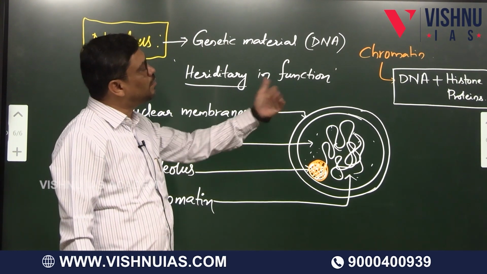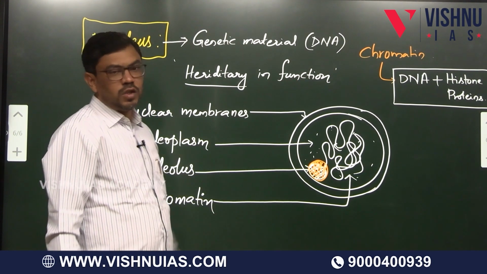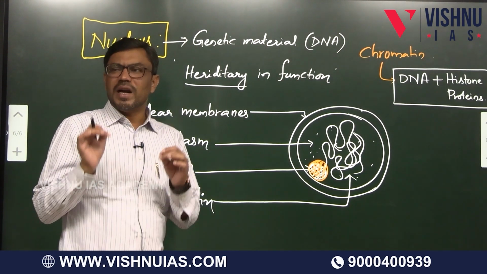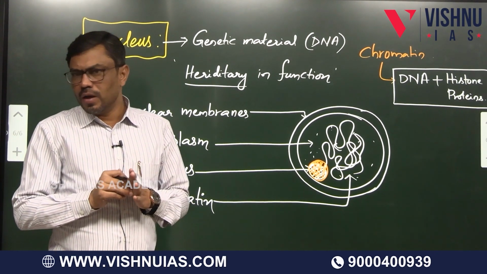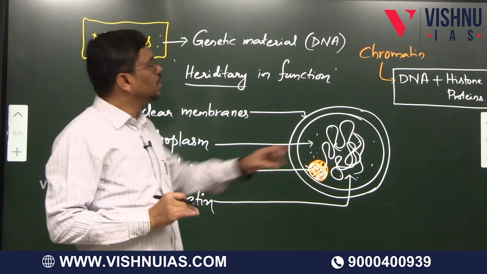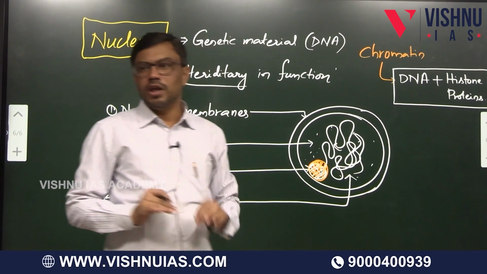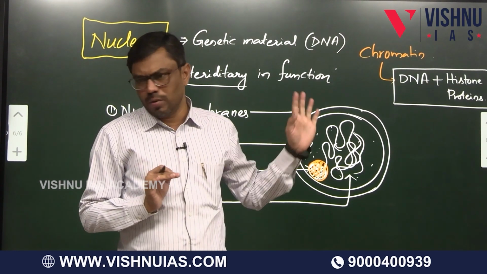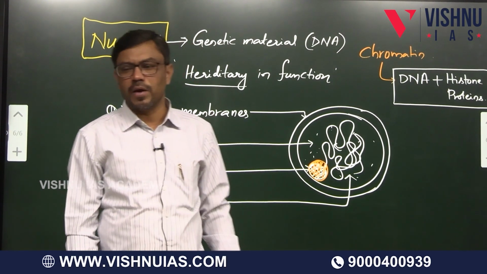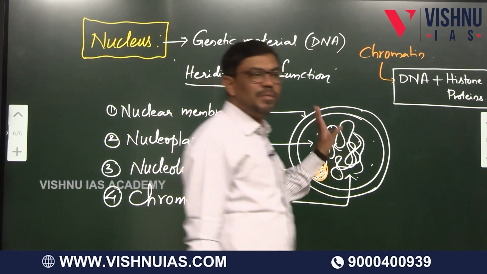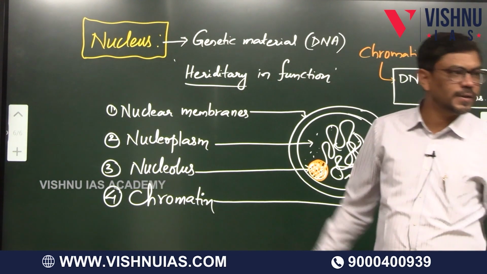Histone proteins are the basic proteins, just remember that. So, what is chromatin? Chromatin acts as genetic material. What is the composition of chromatin? DNA and histone proteins. Histone protein means some basic protein, just to remember the terminology, that is enough. Okay? Right. So, this is the basic structure of the nucleus.